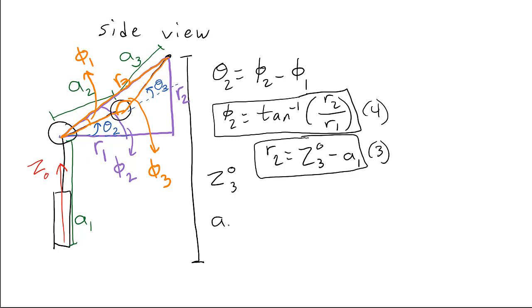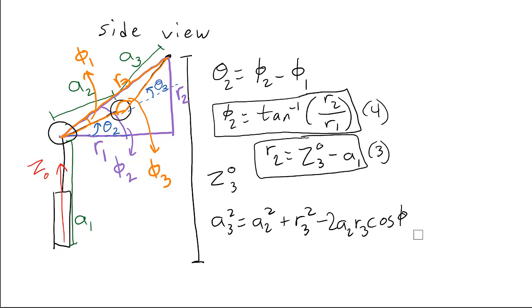Phi 1 is an angle in the orange triangle, which is not a right triangle. So I'm going to use the law of cosines to get that. Okay, so I just used the law of cosines. Oh, and this is supposed to be phi 1, not phi 3.